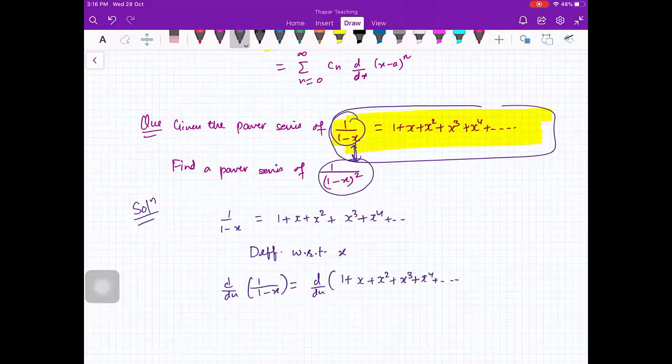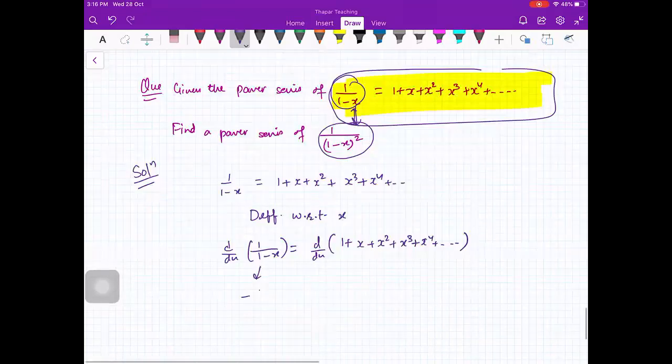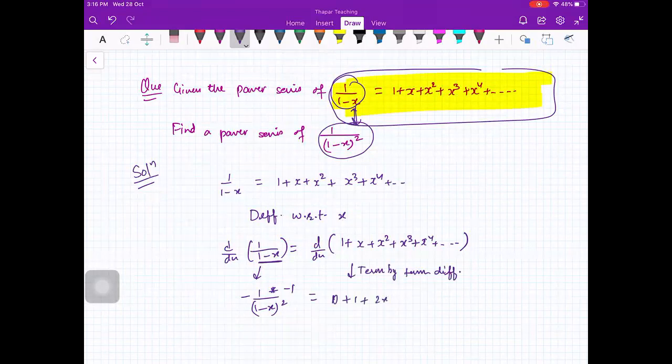Now the left hand side is minus 1 upon (1 minus x) square into the derivative of 1 minus x, that is minus 1. And on the right hand side you are using term by term differentiation, which means that you can take the sum inside in case of power series always. So this is 0 plus 1 plus 2x plus 3x square plus 4x cube and so on.